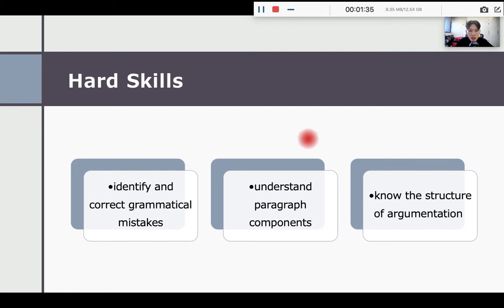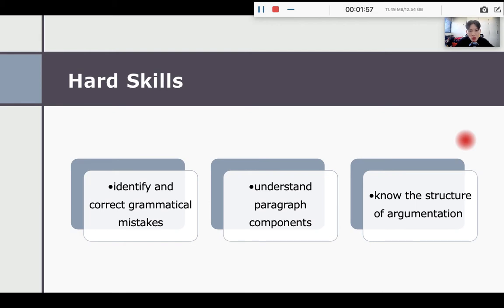And the second ability we're talking about here is the ability to understand and know how to use paragraph components. After our lecture today, you should know what they are. And finally, is the ability to structure an argument.